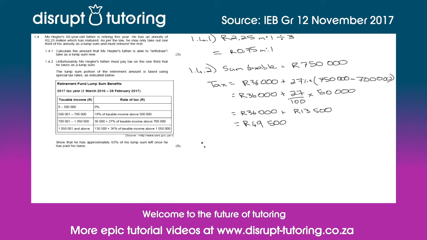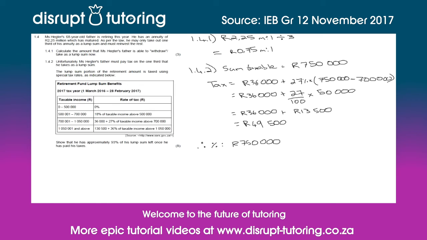Now we need to find out what percentage this is of his total. We need to find out how much he gets, which is left over. We know he started out with 750,000.